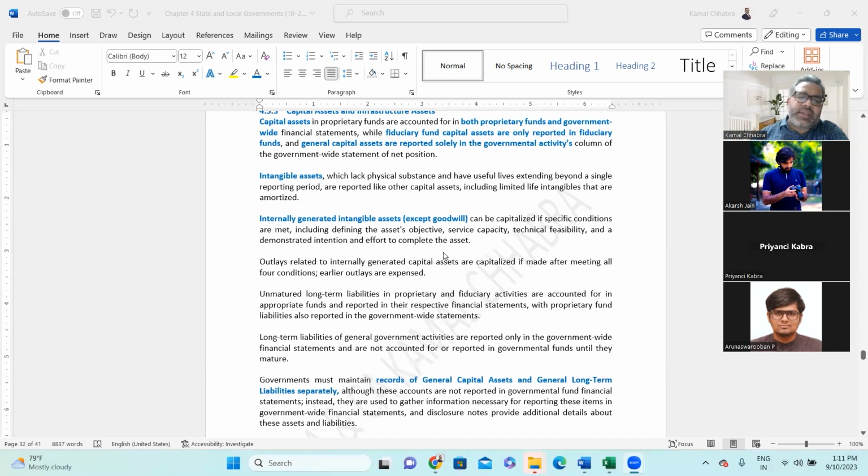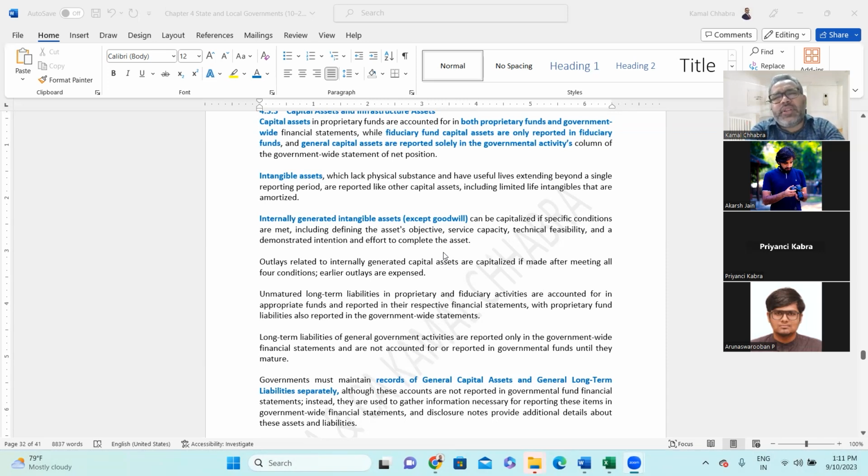Intangible assets may be assets which you have acquired, or they can be internally generated intangible assets, except goodwill. So what are internally generated assets? For example, if you're doing research on a medicine, to the extent the amount you are investing in research, it will go to expenditure.